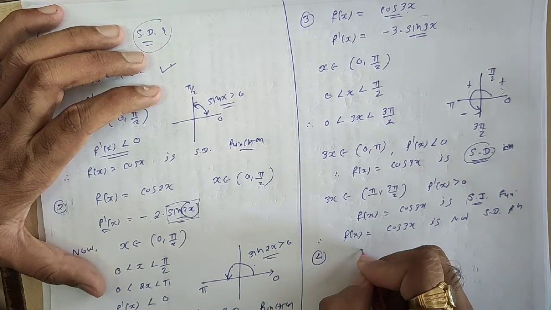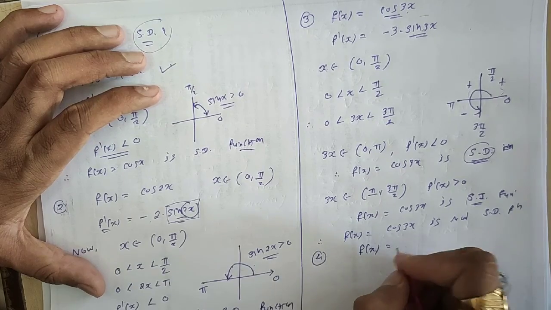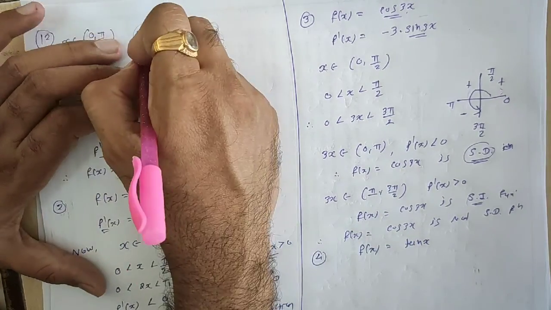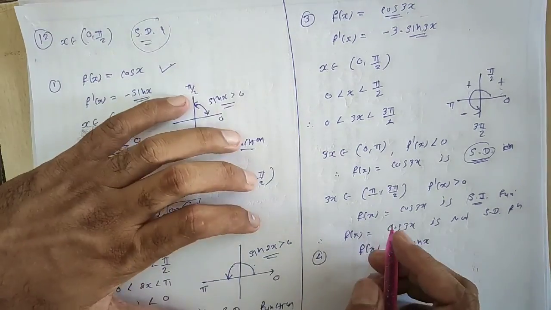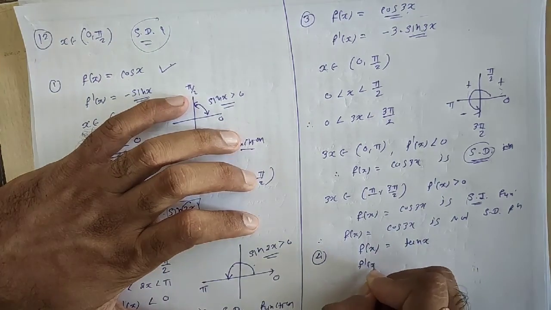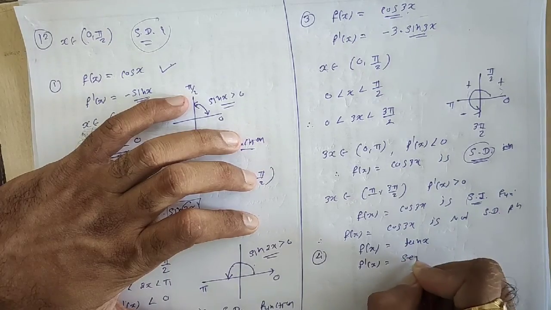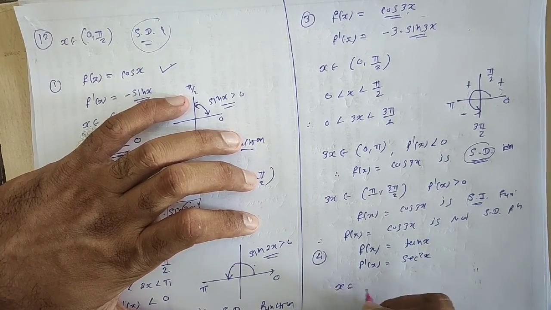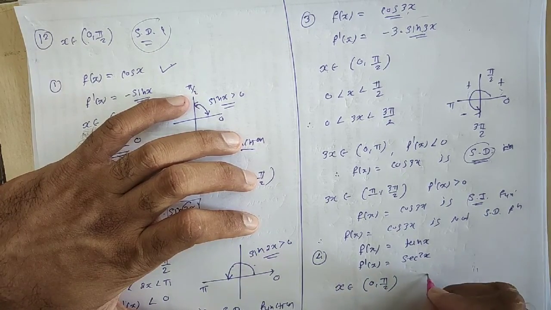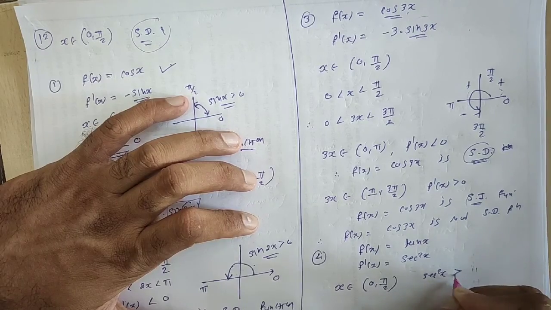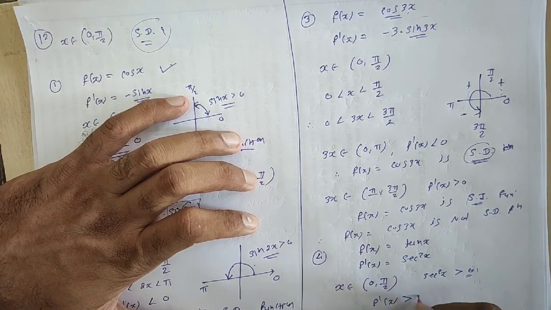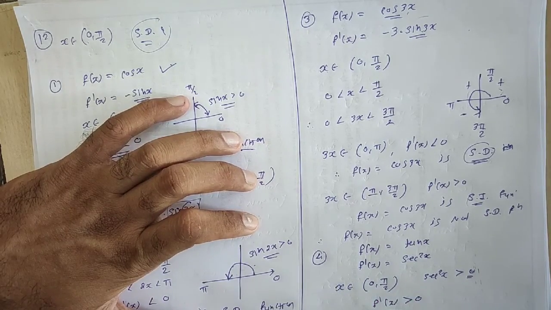Fourth one, you have to check f of x equal to tan x, whether it is strictly decreasing function for x belongs to 0 to pi by 2. So let's check it. f dash x equal to differentiation of tan x, which is sec square x. So here we can say that for x belongs to 0 to pi by 2, sec square x will always be greater than 0. So f dash x is always greater than 0 for x belongs to 0 to pi by 2.